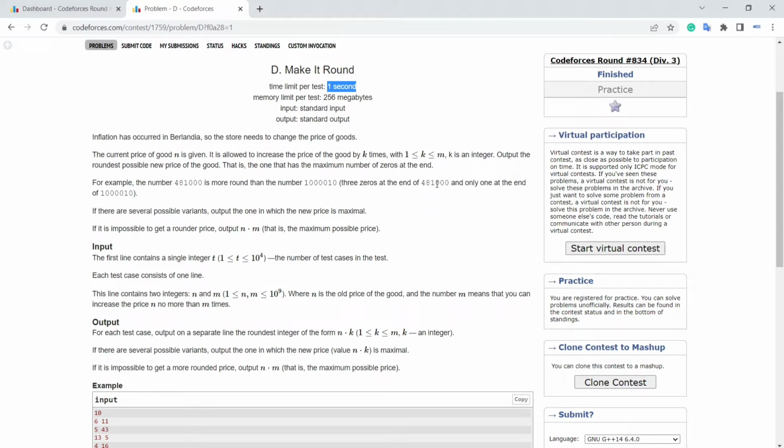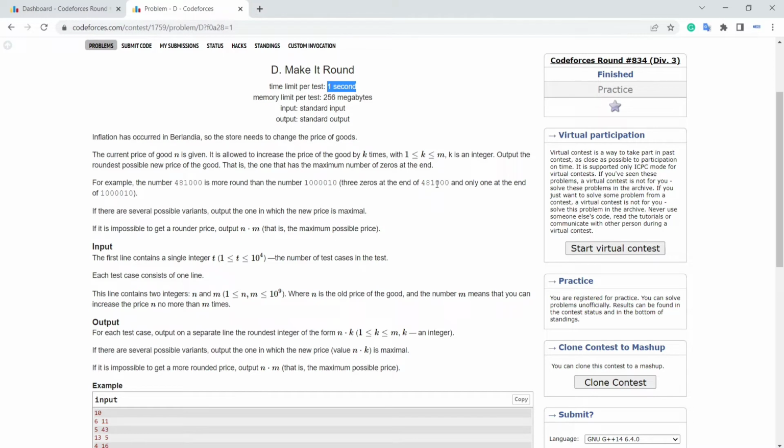So the idea is, first, if there is already 10 multiplied inside N, you can keep it as it is, and you find out if there is any 2 or 5 multiplied inside that number.